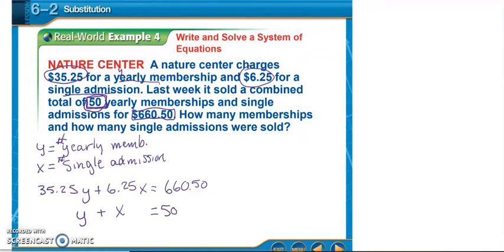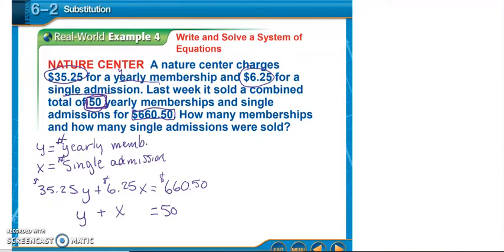So Y plus X equals 50. That's the total of the yearly memberships plus the total of the single admissions, the combined total of admissions and memberships purchased. Again, we've got the money things times the letters that correspond to them, and that equals the money total.